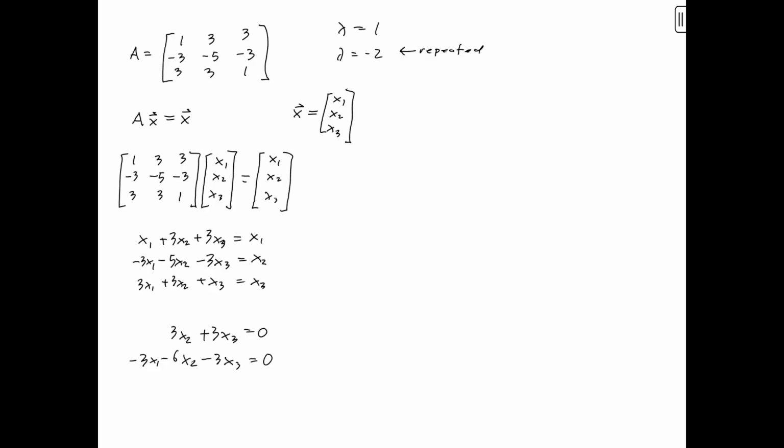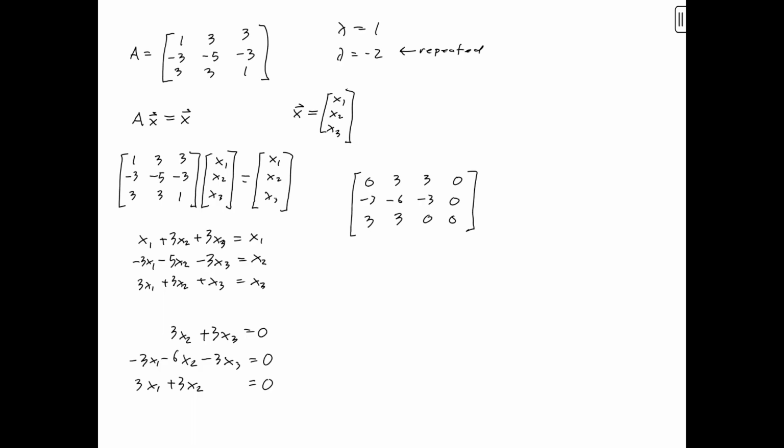And 3x1 plus 3x2 is equal to 0. This gives me the augmented matrix 0, 3, 3, 0, negative 3, negative 6, negative 3, 0, 3, 3, 0, 0.